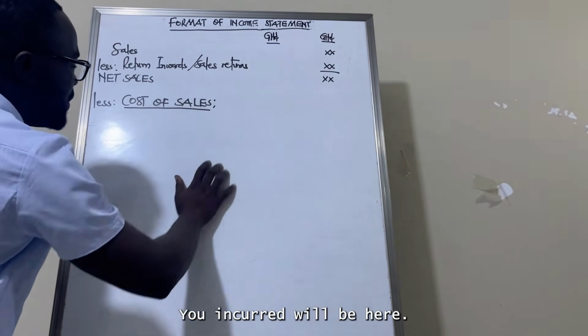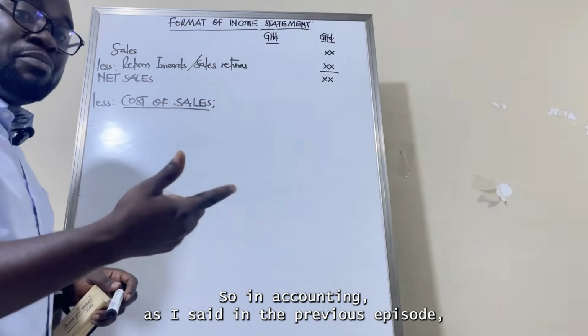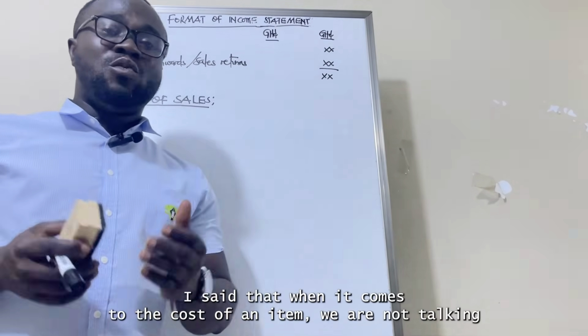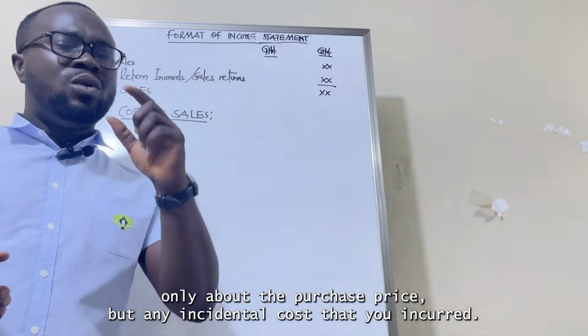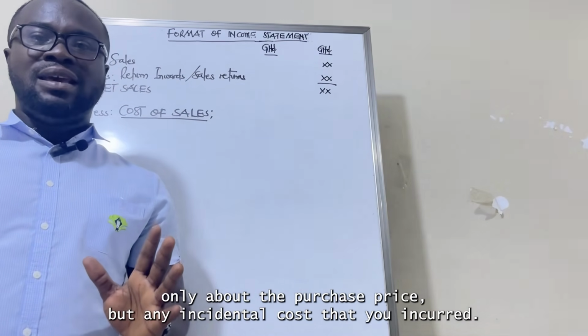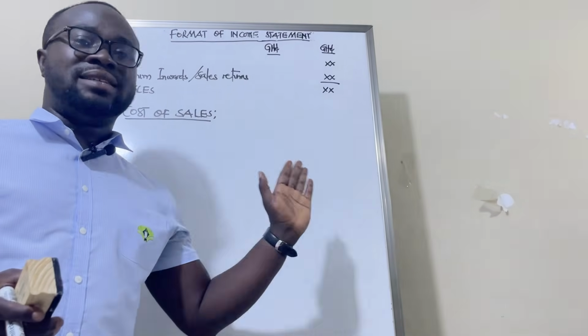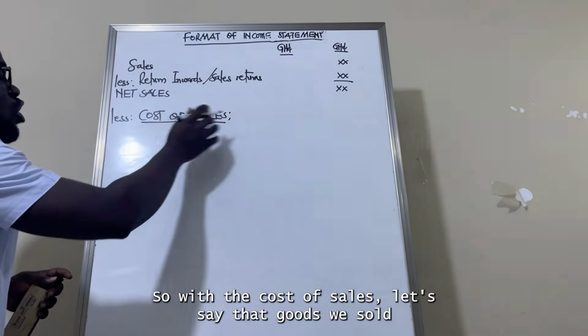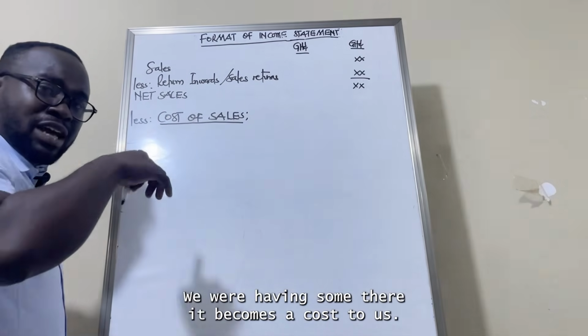All the costs you incurred will be here. So in accounting, as I said in the previous episode, when it comes to the cost of an item, we are not talking only about the purchase price, but any incidental cost that you incurred supposed to be added. So with the cost of sales, let's say that the goods that we sold, we were having some there. It becomes a cost to us.